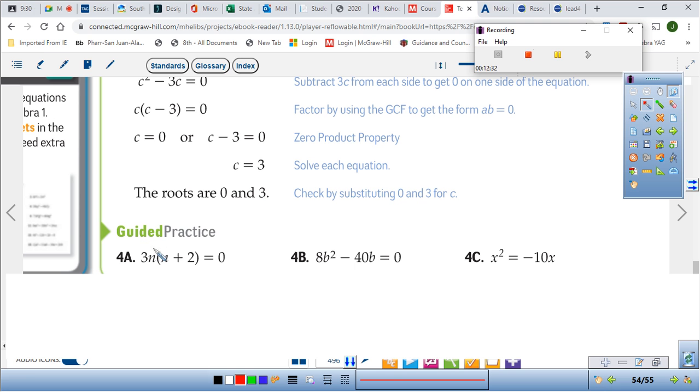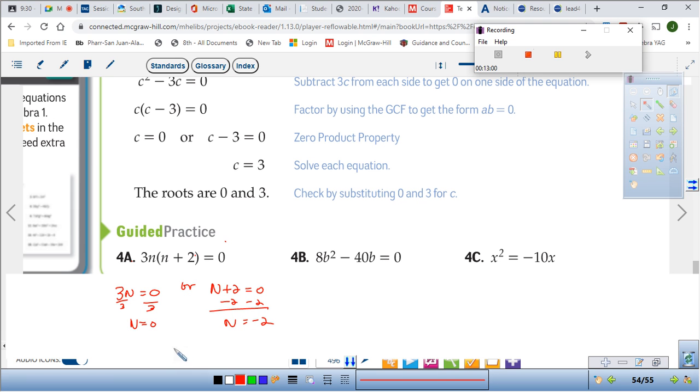Let's look at this real quick. So this one says equal to 0. There's one number here. You don't like it, I'm sorry. And there's another number here. And the whole thing happens to be equal to 0. Well, what does that mean? That means that 3n is equal to 0, or that n plus 2 is equal to 0. We're going to figure out both. Just deal with it. We're going to divide by 3, n is equal to 0. And then this one over here, minus 2, then we'll have n equals negative 2.